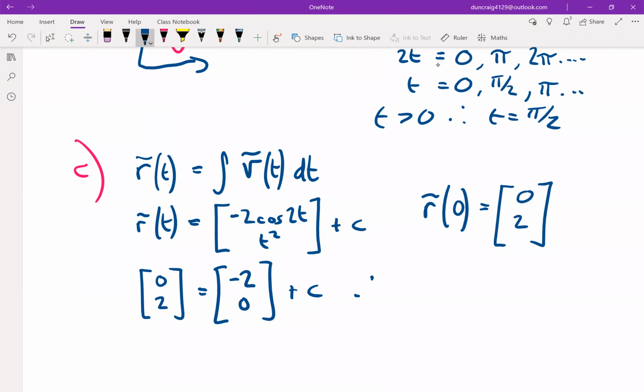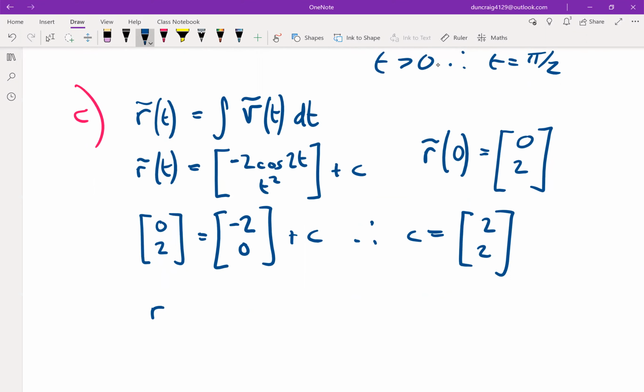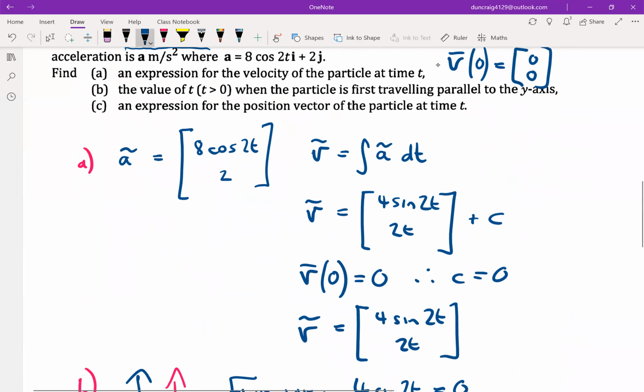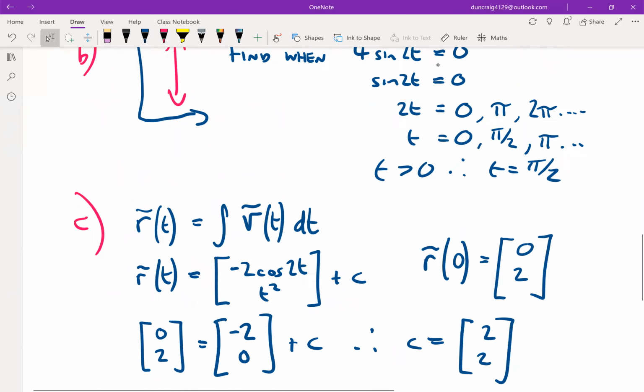Therefore c must be equal to (2, 2). So the position is (2 minus 2 cos 2t, t squared plus 2), and I can just write it like a column vector. Alrighty, so there's an example where we're doing differentiation and integration.